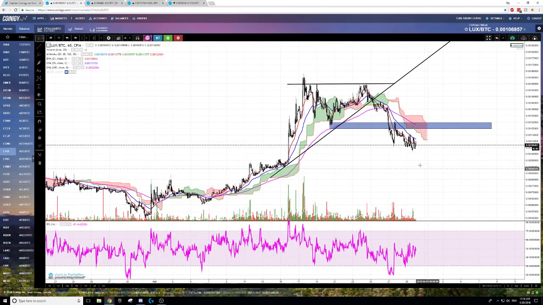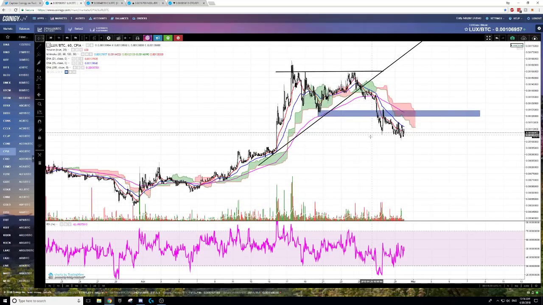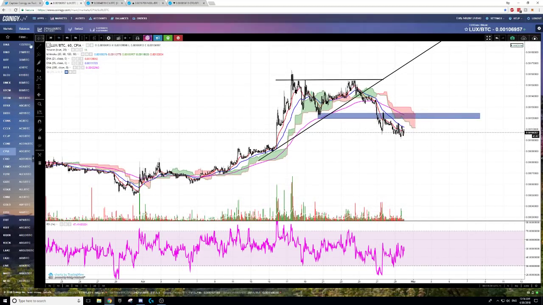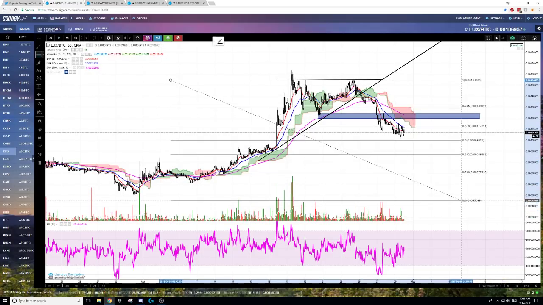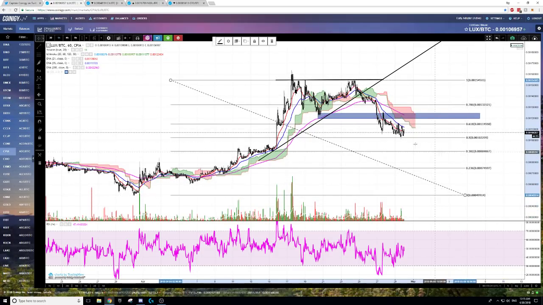So let's see. Obviously, it looks like we've found some area of support here. If we draw our favorite Fibonacci retracement, it looks like it lines up pretty nicely with the 0.5 level. So somewhere between this 0.5 level and the 0.618 level, there's some kind of support and resistance going on in here.